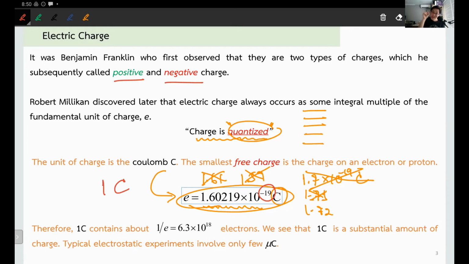But if you dig down into the fine digits, it might not be exactly perfectly 1 Coulomb. It just must be a multiple of this. And then we usually use E as a constant representing the charge of an electron. Okay, sounds okay, guys?